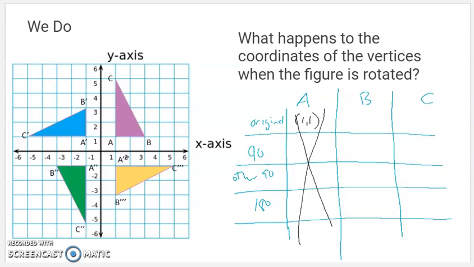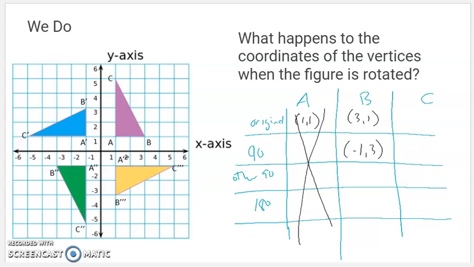Let's do B. B is at 3, 1 originally. When it is rotated 90 degrees this way to the blue, it is at -1, 3. So notice the 1 changes signs and they reverse spots.